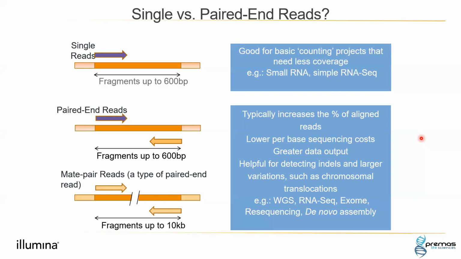This is the benefit of paired end sequencing, and Illumina offers it. If you want to do de novo sequencing, you can go for larger reads, 2 by 300, which is offered on the Illumina MiSeq instrument.